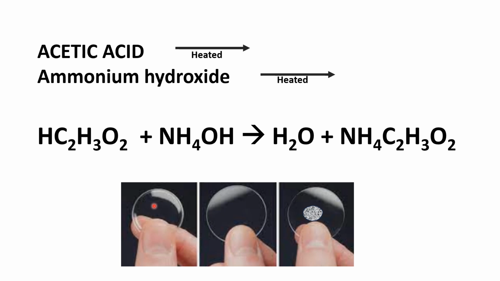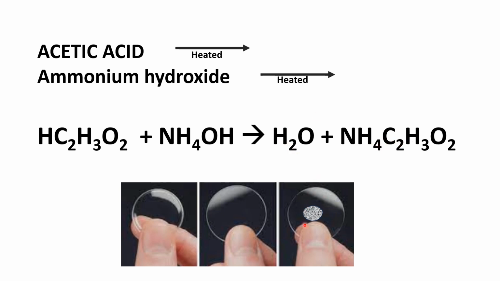In number 1, letter A, where you have acetic acid only heated on a watch glass, it does not leave any residue. Letter B, likewise, since ammonium hydroxide is also volatile, it does not leave any residue. But together, acid and base will form salt and water. The salt is not volatile while water is volatile.